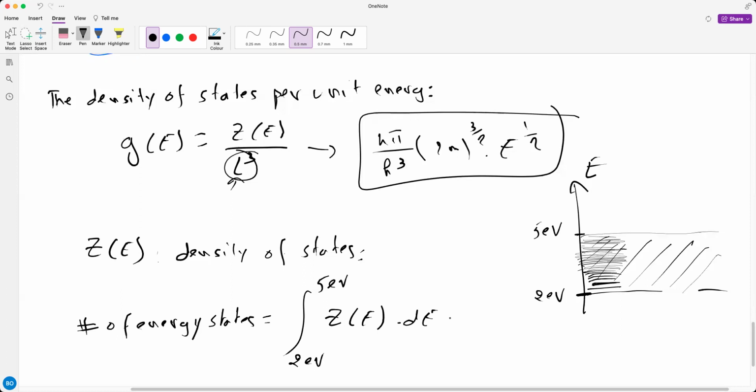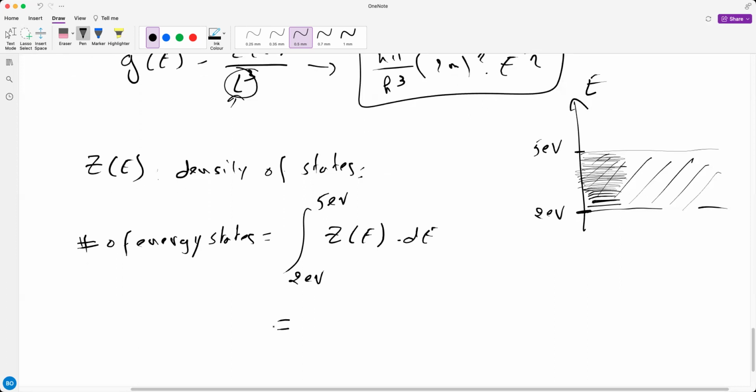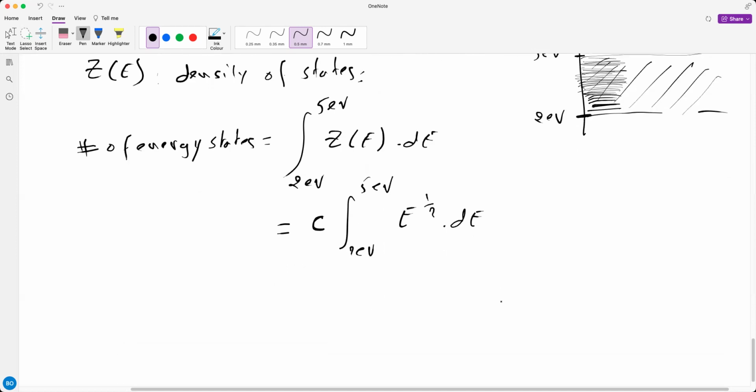Now, Z(E) is a constant times E to the power of 1/2. So it will be C integral from 2 electron volt to 5 electron volt of E to the power of 1/2. Now we know that this is an easy integral. So what is the integral of E to the power of 1/2?